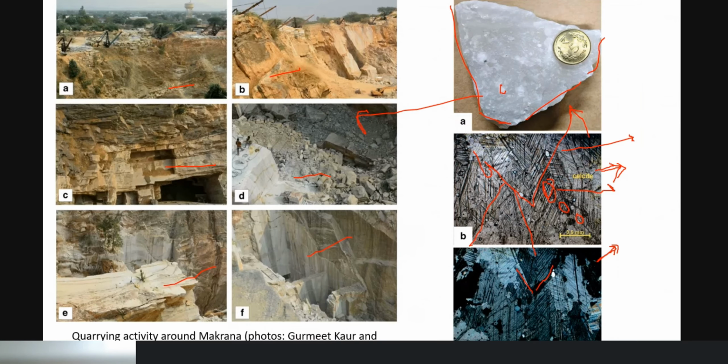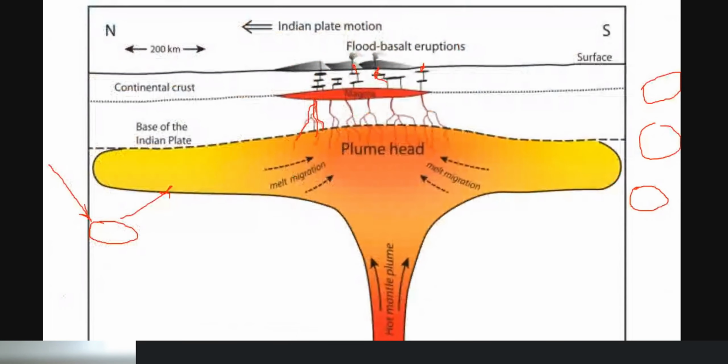But the formation of Deccan basalt is different. Suppose this is continental crust, okay? Then this is lithosphere, this is our Indian plate. At that time, our Indian plate was moving northward.